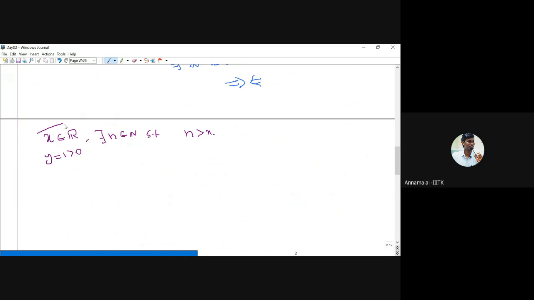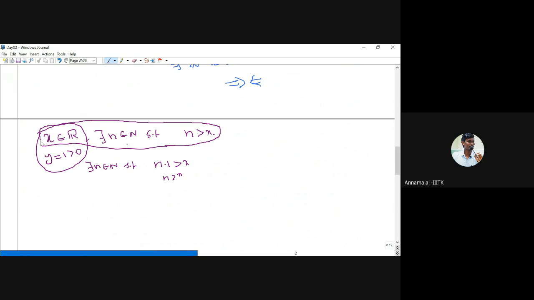Now apply the Archimedean property for these two real numbers, we get there exists n in N such that n times the positive number, which is 1, n into 1 is strictly greater than x. So that is nx greater than x. Therefore, given any single real number, we can always find a natural number n such that n is greater than x.